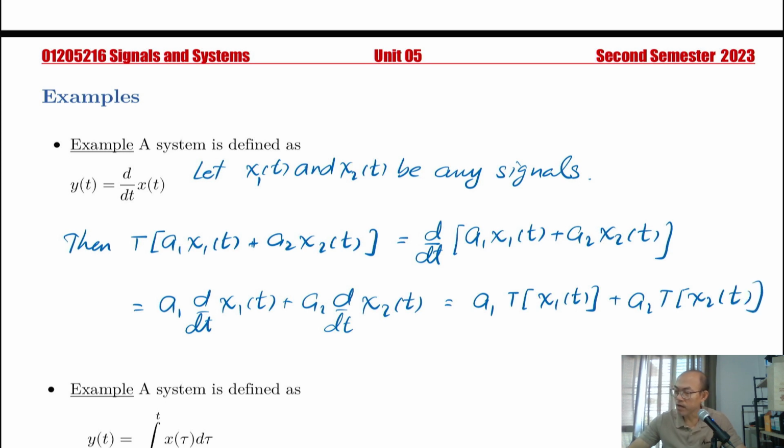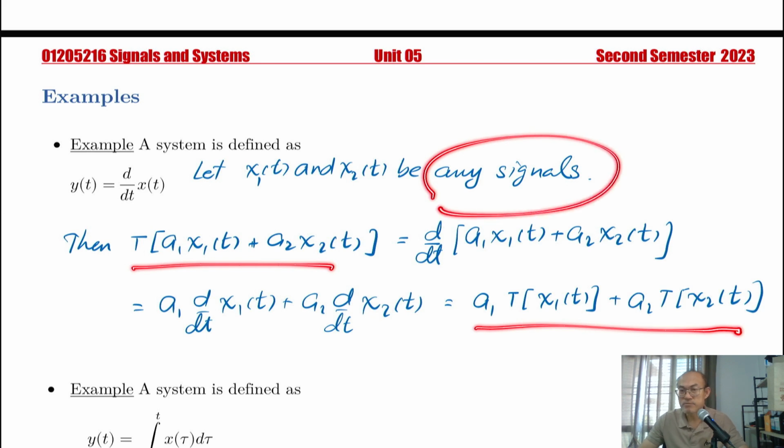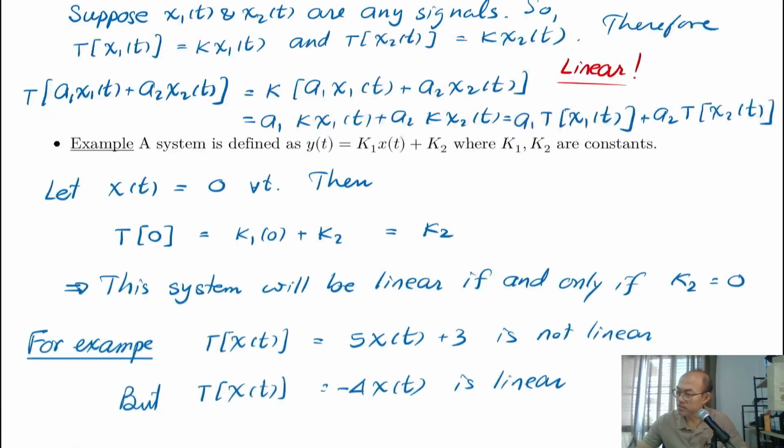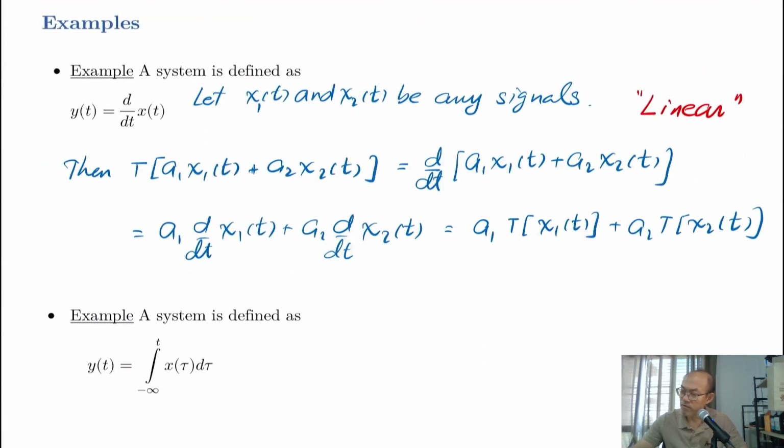And now we have shown that this equation is true for any signals. So that means that the system is linear, because this equation is true for any signals x1 and x2.